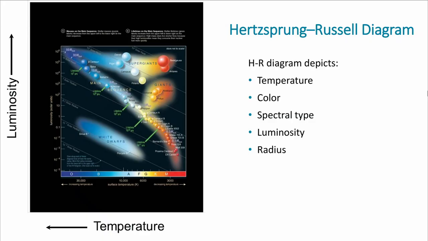There's a lot of information embedded into it. So it might be hard to see from where you are, but there's these diagonal lines that are not quite parallel to the main sequence, and those are radius values. So as you go up the HR diagram, you're increasing the radius of your star.